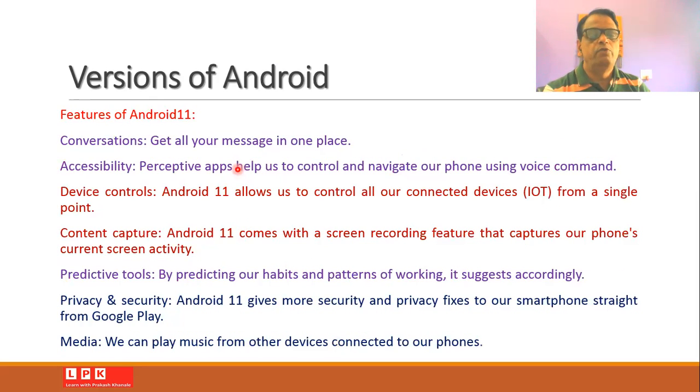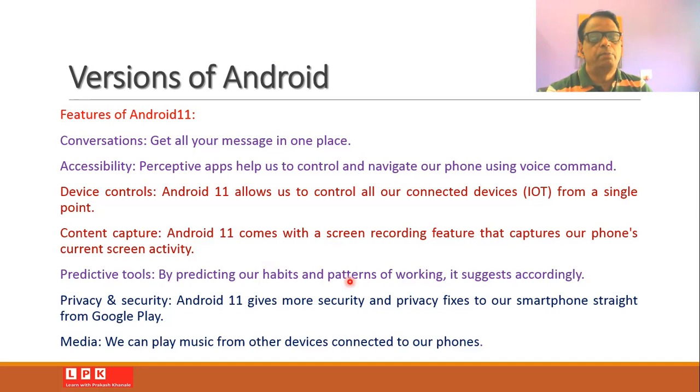It provides many new features such as conversations, where you can get all messages in one place. It provides accessibility, so the voice access app helps us to control and navigate our phone using voice commands. It provides device control, that is, we can control all our connected IoT devices from a single point. It provides content capture with a screen recording feature that captures our phone's current screen activity.